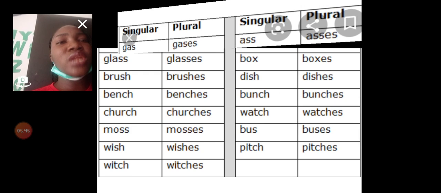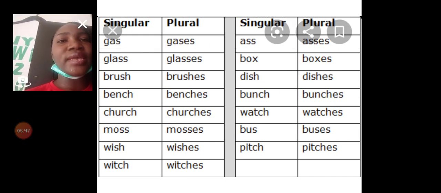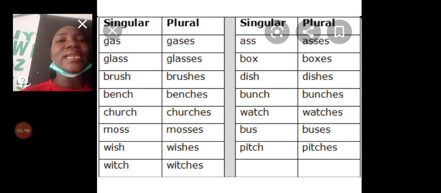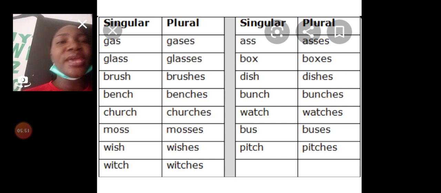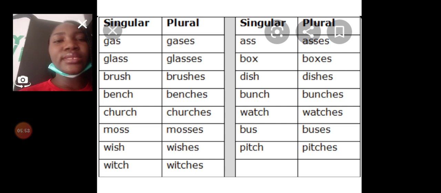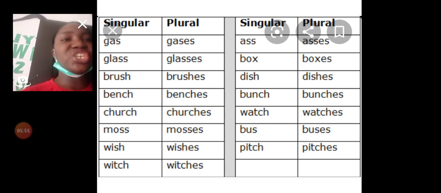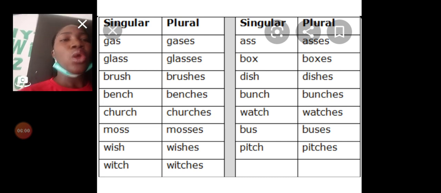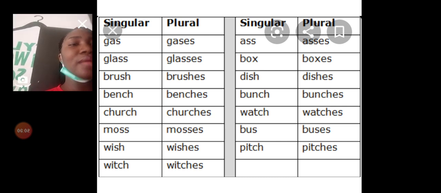Boxes. So now look at this. We have more examples. Gases, glasses, brushes, benches, churches, mosses, wishes, witches, asses, boxes, dishes, bunches, watches, buses, and peaches.